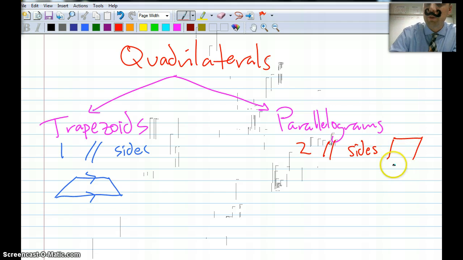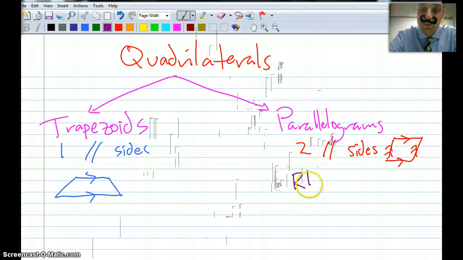I want to give you a little more information on parallelograms because parallelograms sometimes travel under different and more specific names. Parallelograms can sometimes be called a rhombus. So make the word rhombus below this. A rhombus is a quadrilateral that's also a parallelogram.